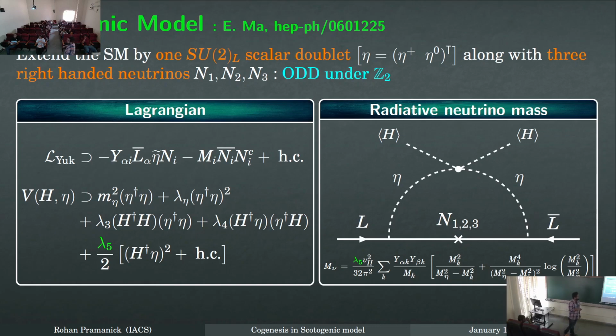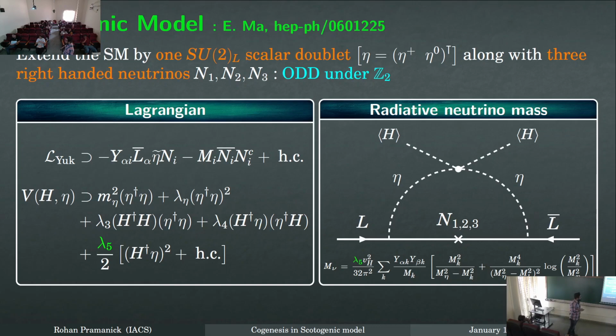And this diagram is given over here, where in the loop there exist particles which are all odd under Z2, and this is the famous Weinberg operator, where there are two leptons on the external side and two Higgs states, so the neutrinos are massive after electroweak symmetry breaking.